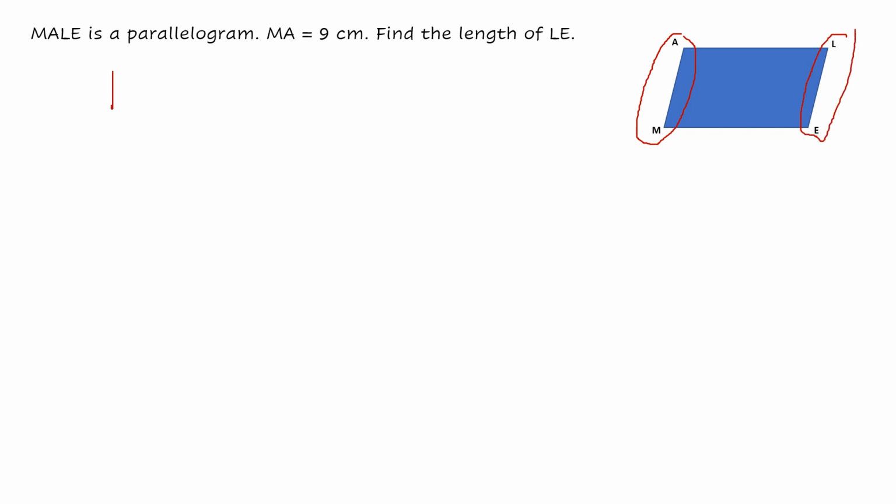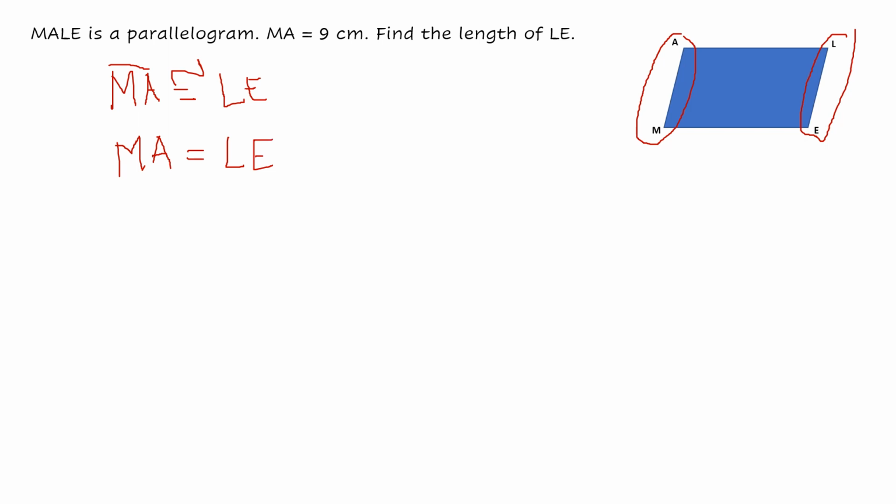So we can write it down as MA is congruent to LE. But since they are congruent, then their measures are equal. So MA is equal to LE.